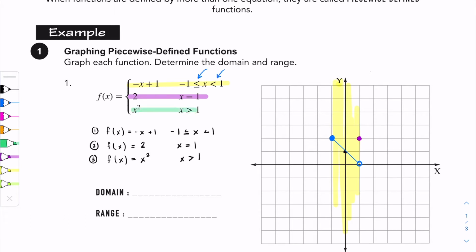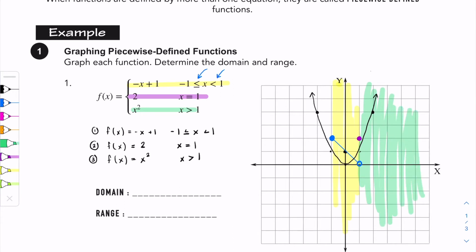And the last graph is x squared, restricted to values greater than 1. So x squared, we know our key points are at negative 2, 4, negative 1, 1, 0, 0, 1, 1, and 2, 4. Okay, we only want the portion of the graph that falls on the interval greater than 1, meaning we only want the portion of the graph that falls in this green shaded area.